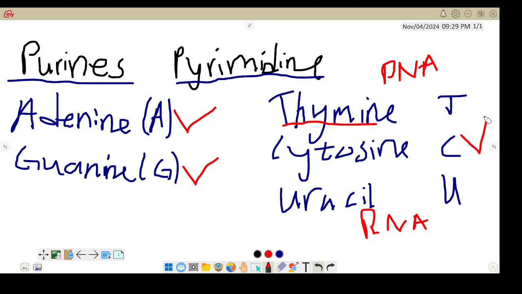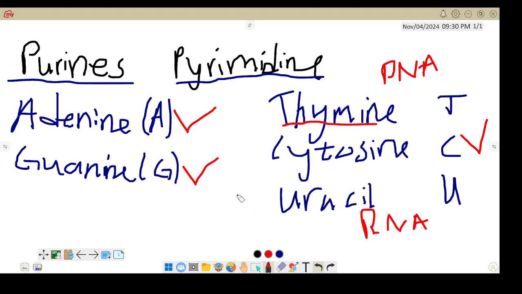Okay, so these are what we call the nitrogenous bases. They are under nitrogen base. And you have now taken note of where they are found. If we have a DNA strand, then there will be thymine.